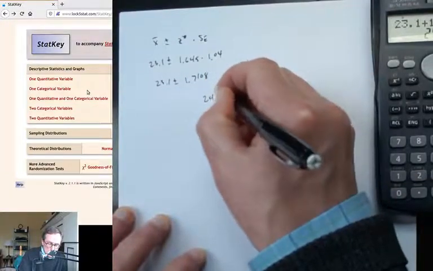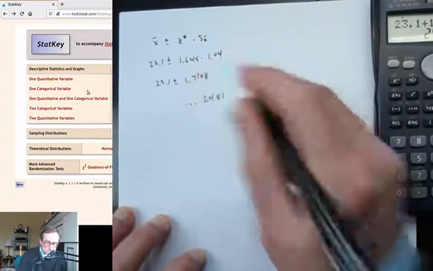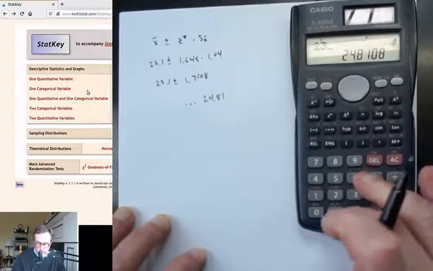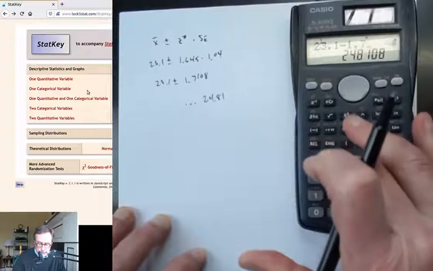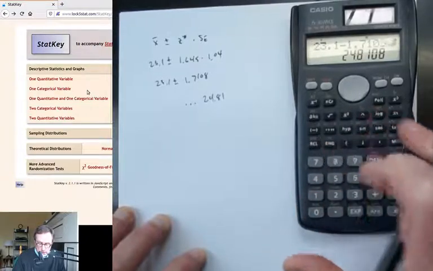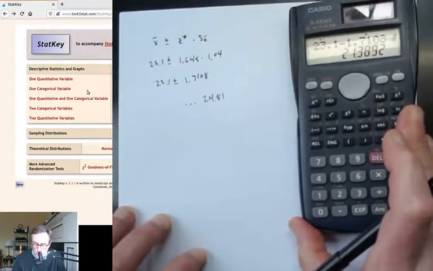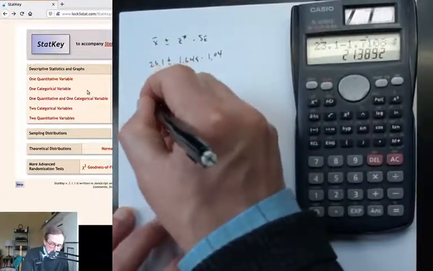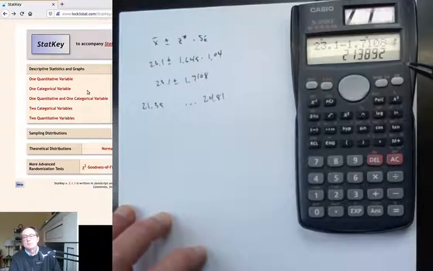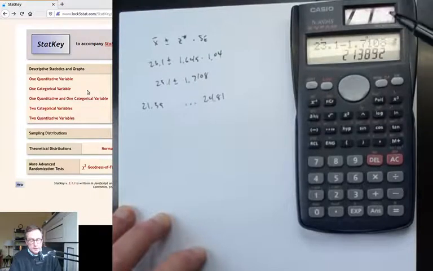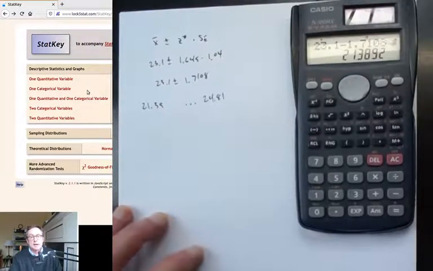And what happens when you subtract? 23.1 take away 1.7108, I got 21.39, rounding down there. So that's the interval. That's the answer to the question, and you happen not to need those other parts.